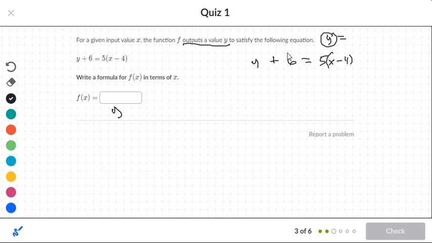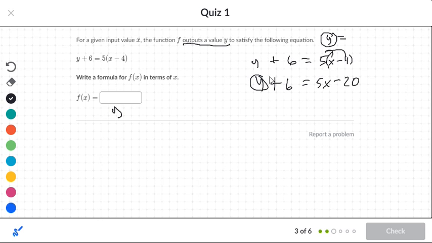Go ahead and do your multiplication first. So we'd say y plus 6. We're going to take 5 times x. Well, that's 5x. And then 5 times a negative 4 is a negative 20.